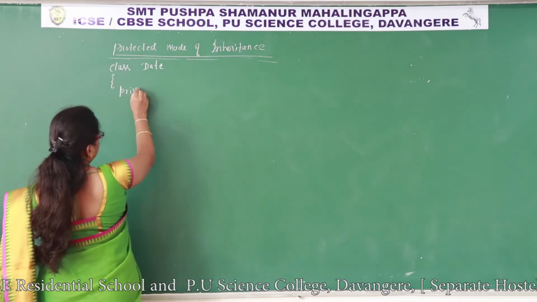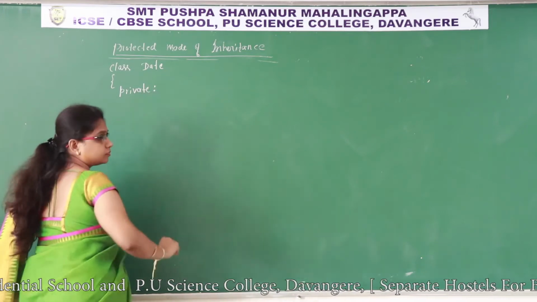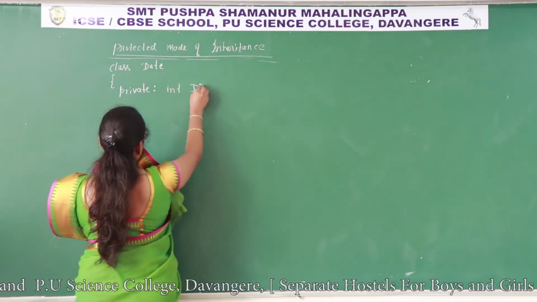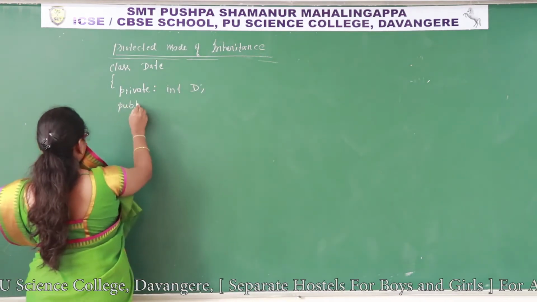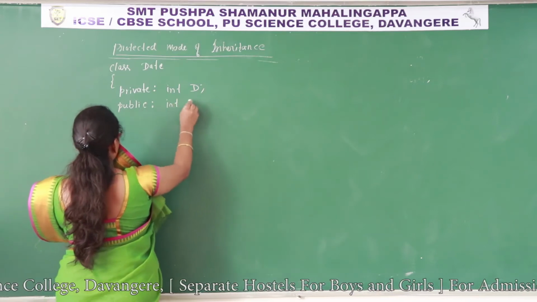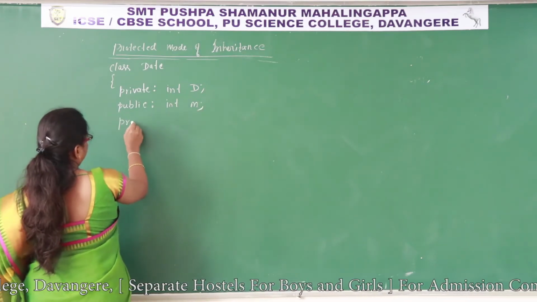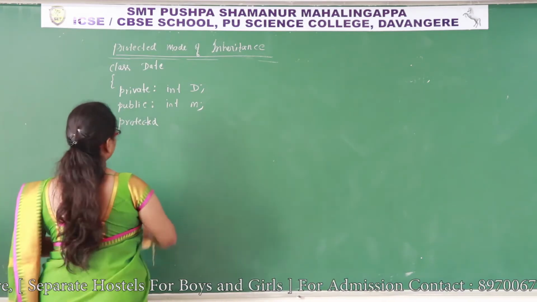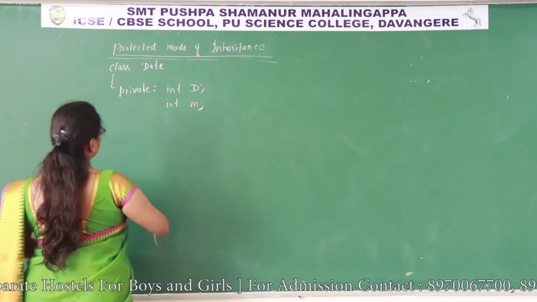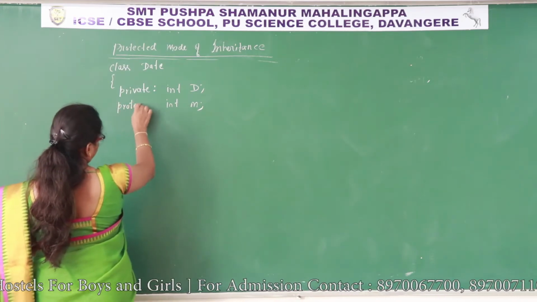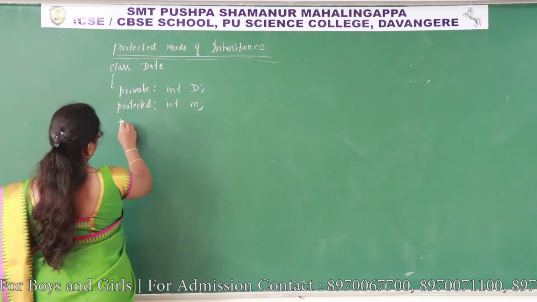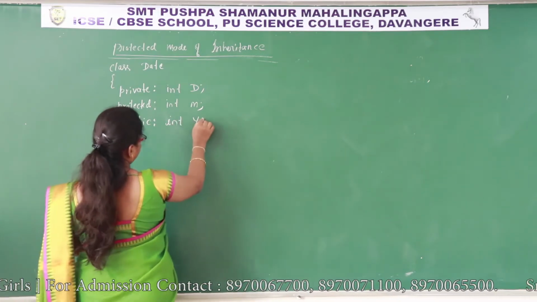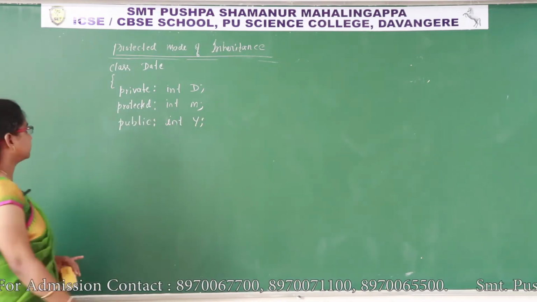I'll consider three access specifiers here. Private, int day; public, int month; and protected, month and year.